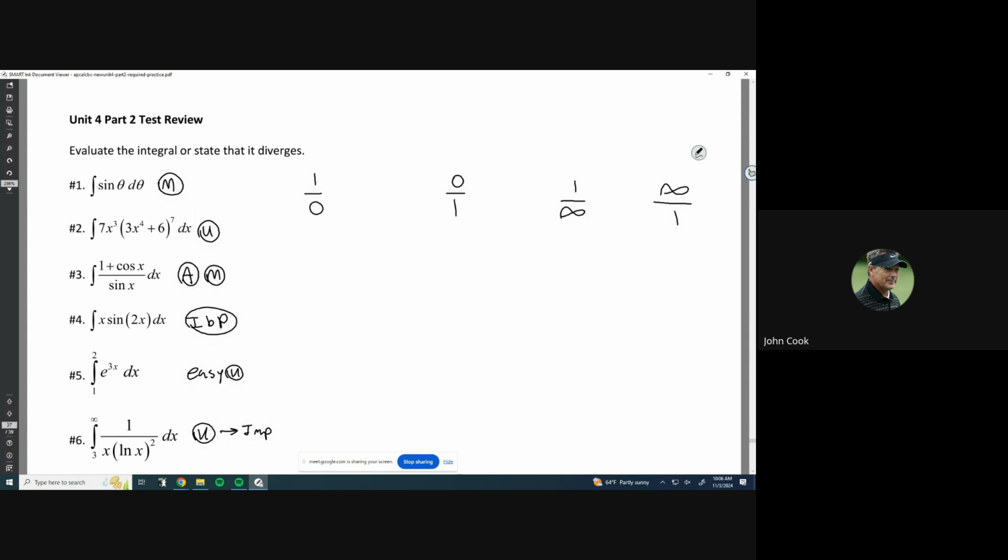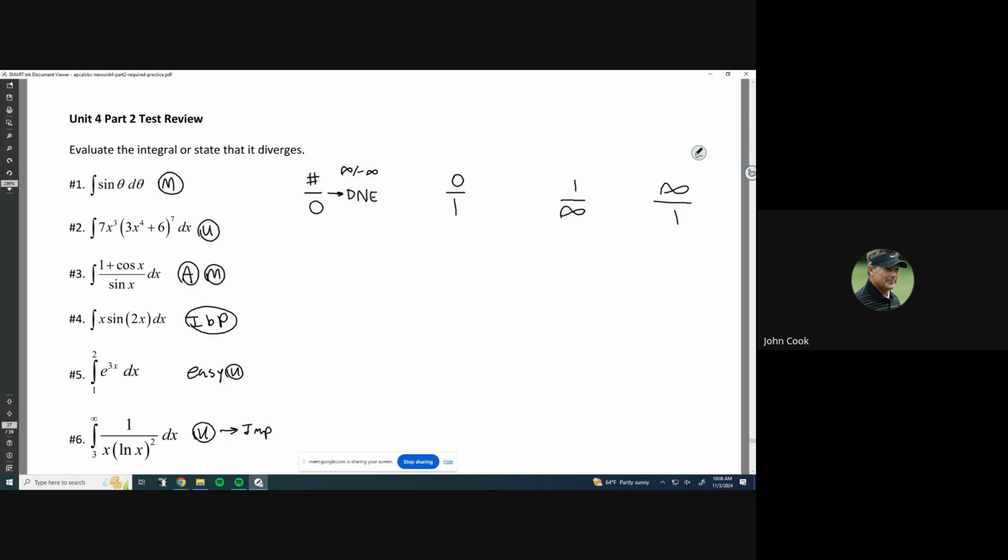If you get some number over 0, that's bad news. That basically goes to infinity, and you get a DNE kind of situation there, okay? Because it could be infinity or it could be negative infinity, depending. So, you don't want to work with that one. So you get a DNE.